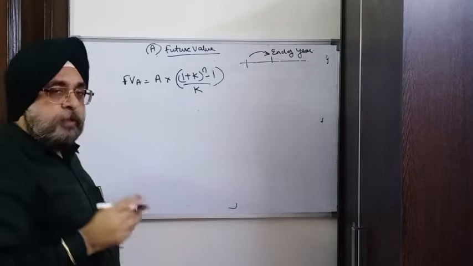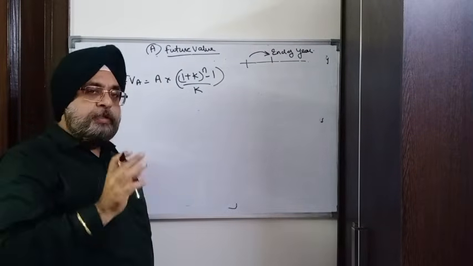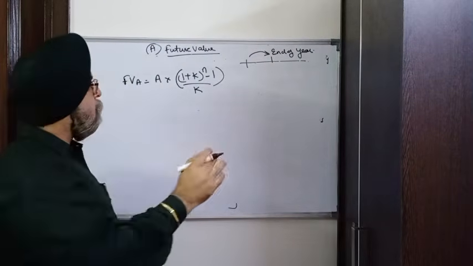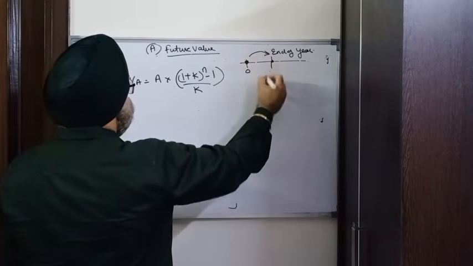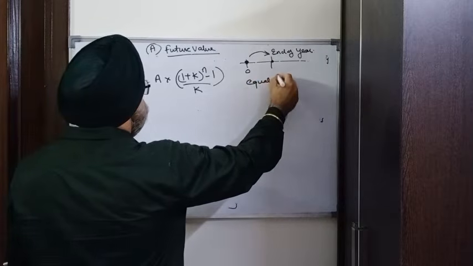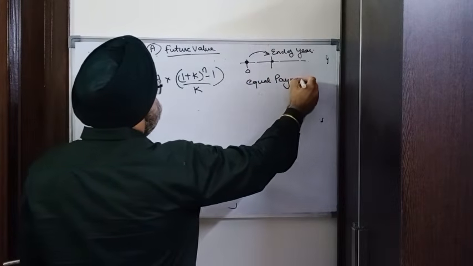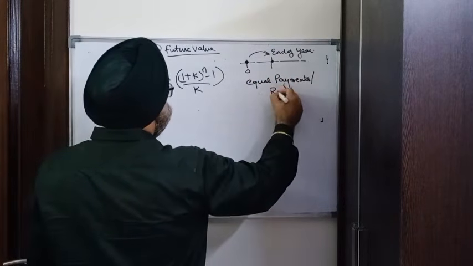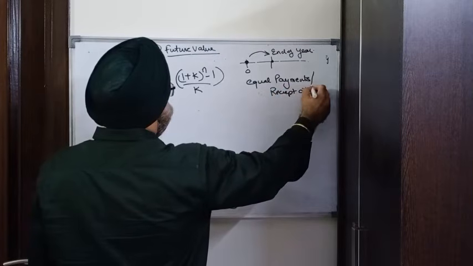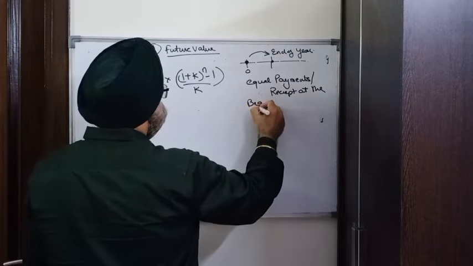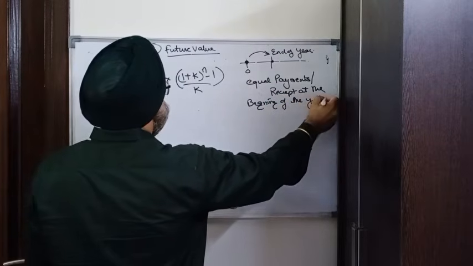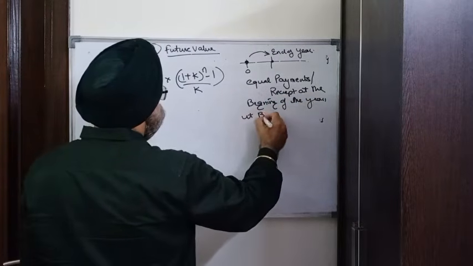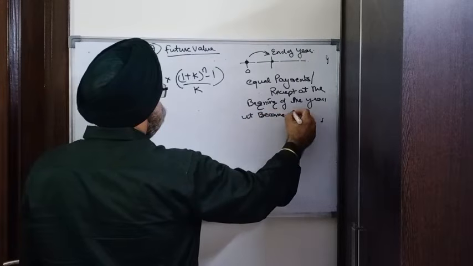But if in the question it is given that you are receiving the amount at the beginning of the year, beginning meaning at point 0, equal payments or receipts at the beginning of the year, it becomes the concept of annuity due.